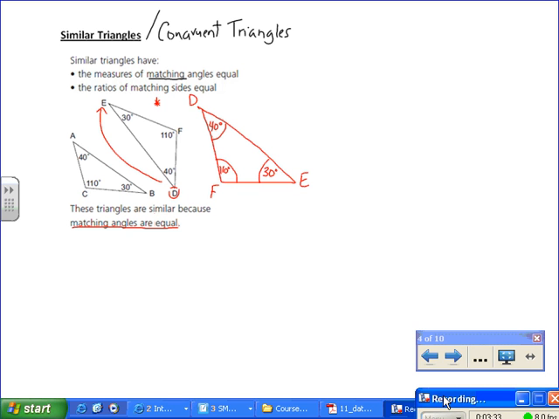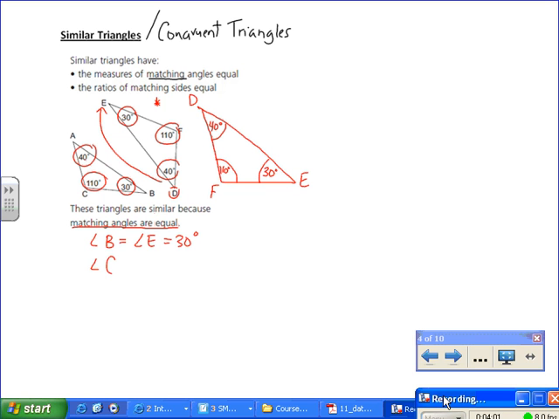Now, even if you don't rotate that, you can still check if they're similar because you'll see that they should have three angles that are the same. So 40 and 40, 110 and 110, 30 and 30. Angle B is equal to angle E, they both equal 30 degrees.